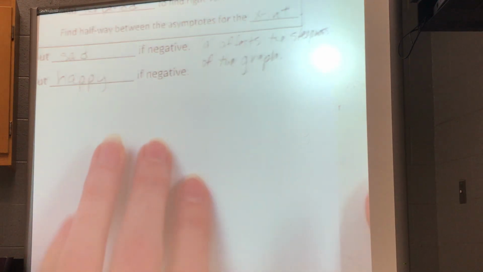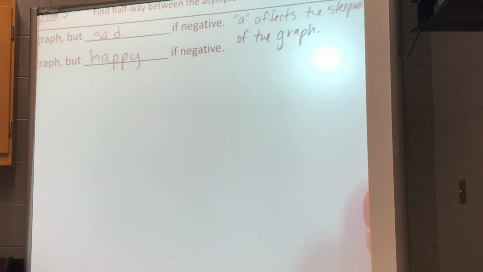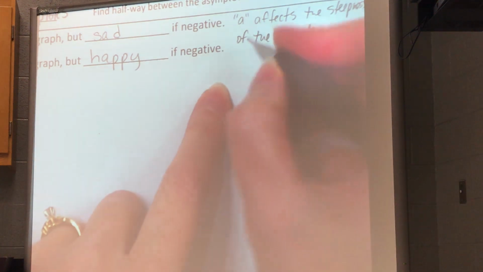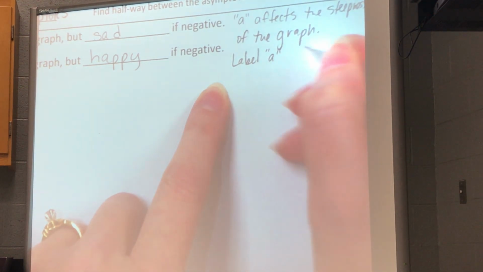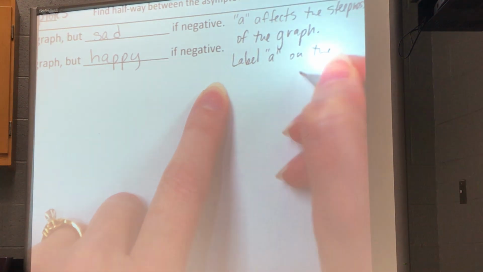And we're kind of in a habit of labeling that on our y-axis anyway, because normally it's the amplitude for your sine and cosine. So we're going to go ahead and label it on our graph, and then I'll show you what to do with it. So we're going to label A on the y-axis.